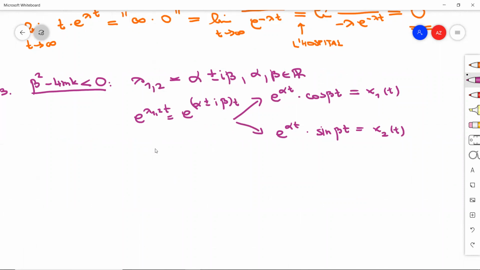And in this case x of t is e to alpha t, which I factor out in advance, and in the parentheses we have c times cosine beta t plus d times sine beta t.